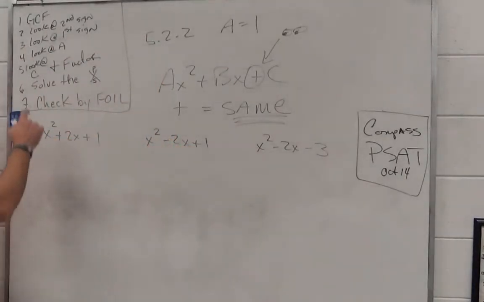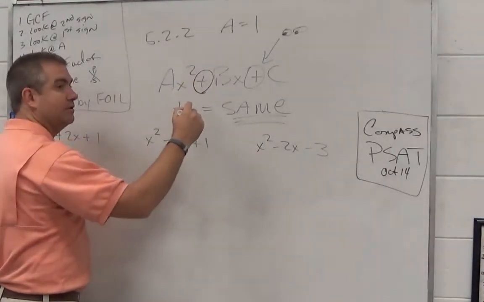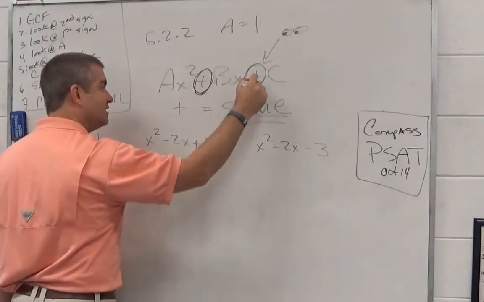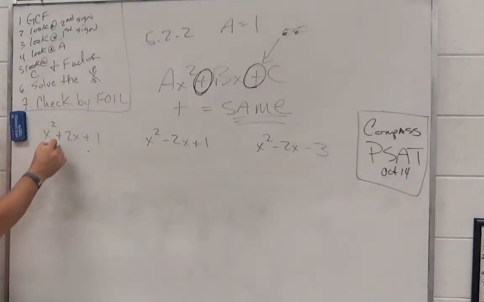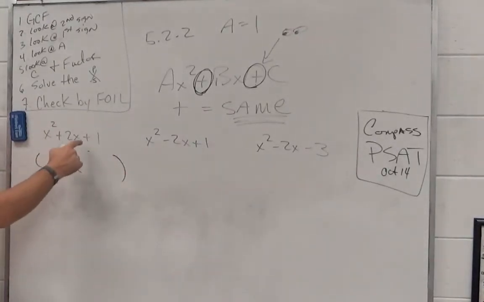Then step number 3 says look at the first symbol. If this one is positive, then our eyes look right here and this one's positive. What do you think is going to go in our parentheses if we have positive and positive? They're both positive. Exactly right.